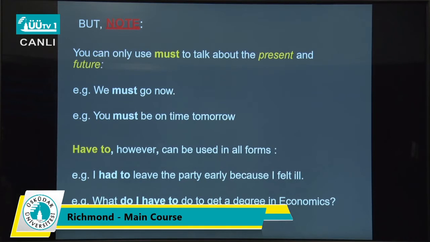We are talking about the future. But when it comes to have to, we can use it in all forms. I had to leave the party early because I felt ill. You see, here we have the past form of have to. It is had to.